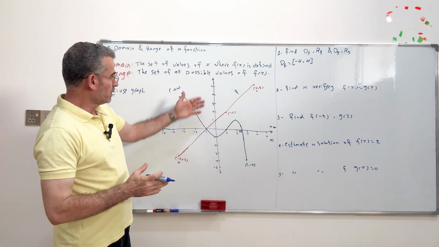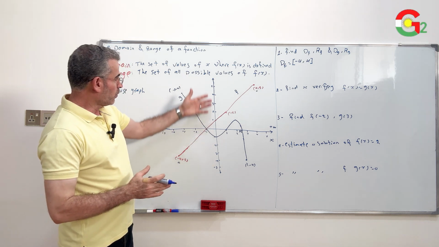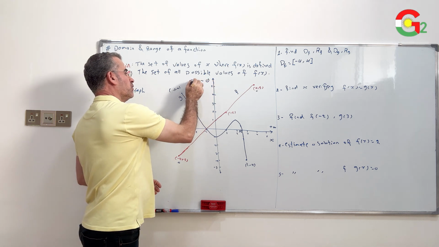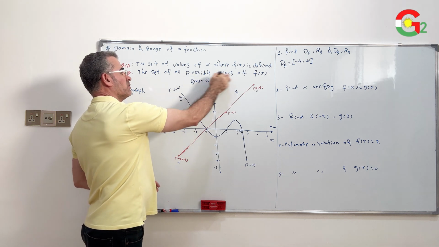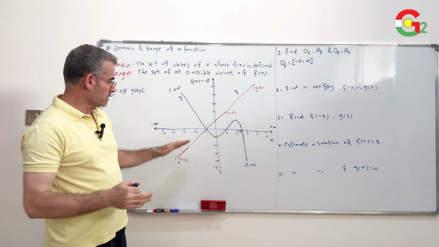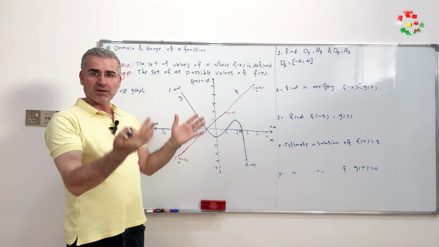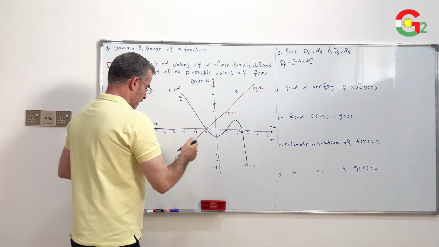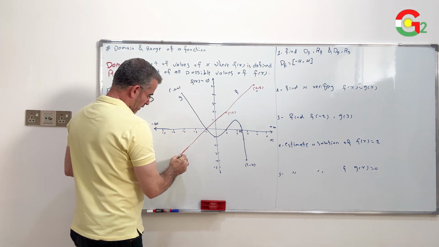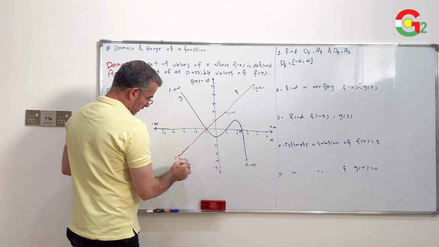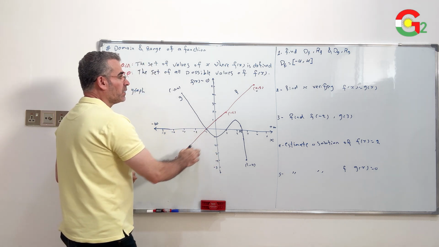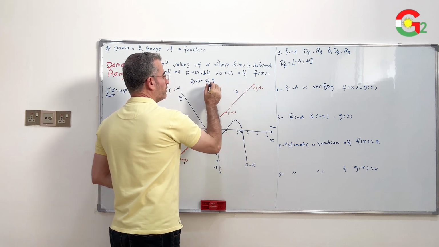For the range, it is either all the y-axis, or a part that covers the graph of the function, for all possible values of f of x. As you see, the graph starts according to y from -3 up to 5.